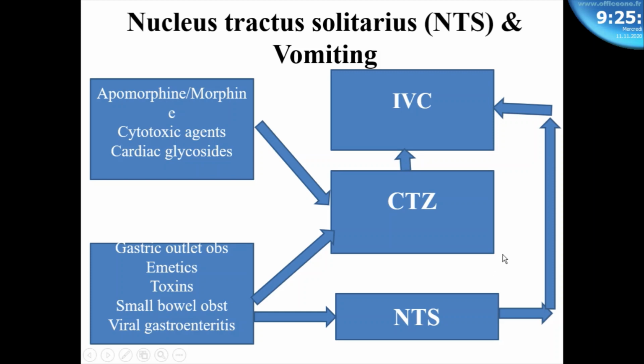In addition, we have also cardiac glycosides. For example, digoxin can also stimulate chemoreceptor trigger zone and then cause vomiting.